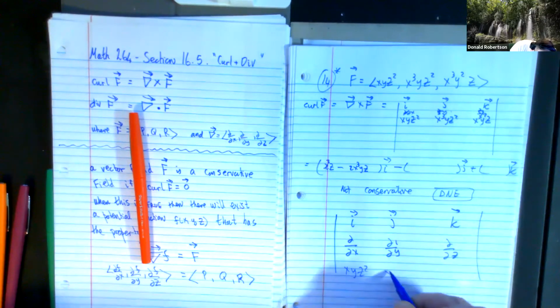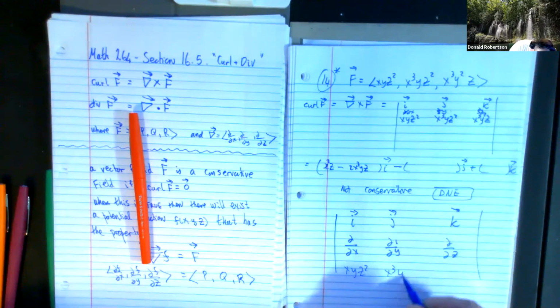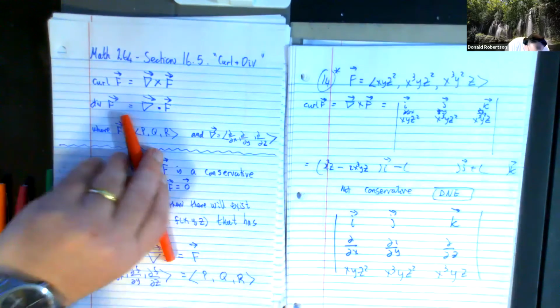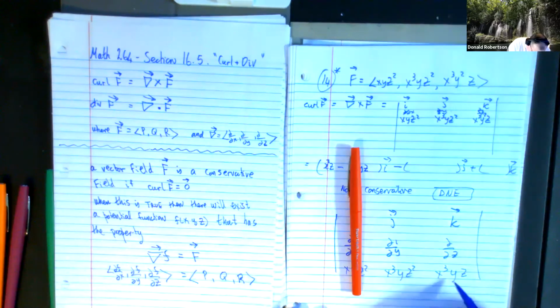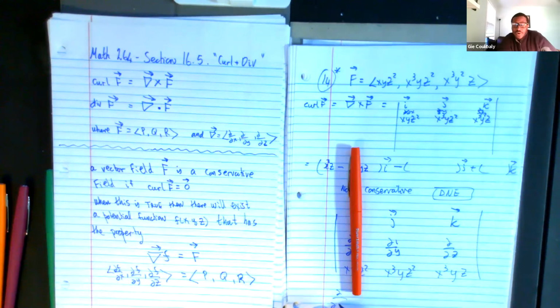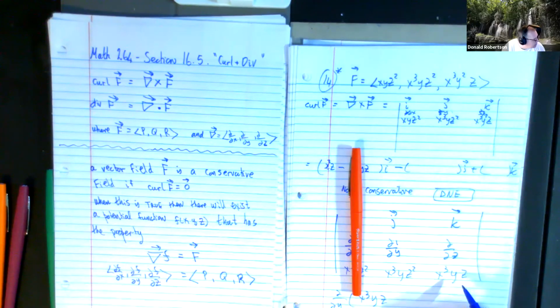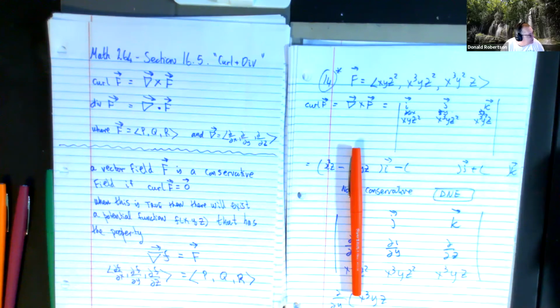X to the third, y squared, z. Make sure we keep this one: the last one is y squared. It's x to the third y squared z. I've lost the guy.